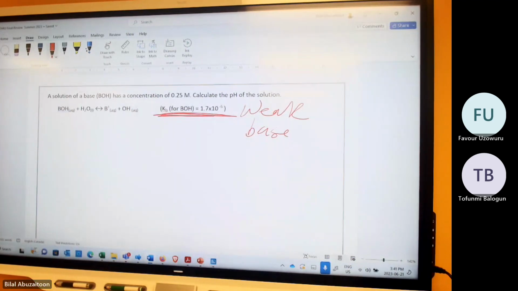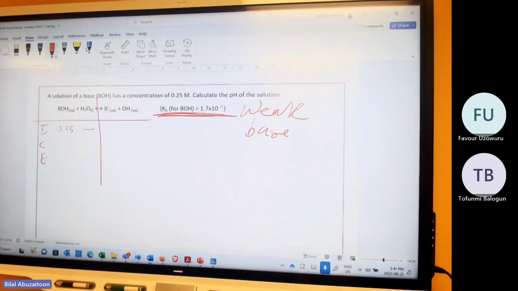Now, ICE. The concentration of BOH is 0.25. H2O is liquid, so I'm not going to take it into consideration at all.